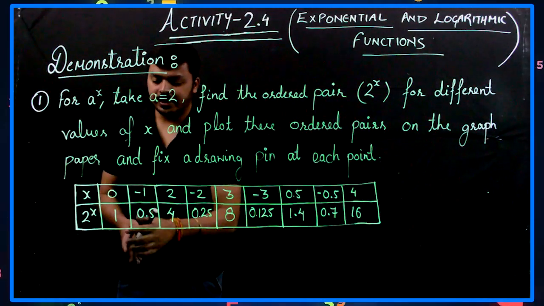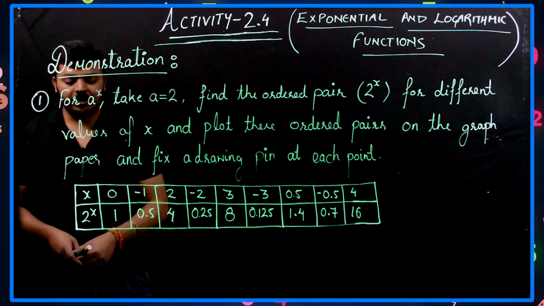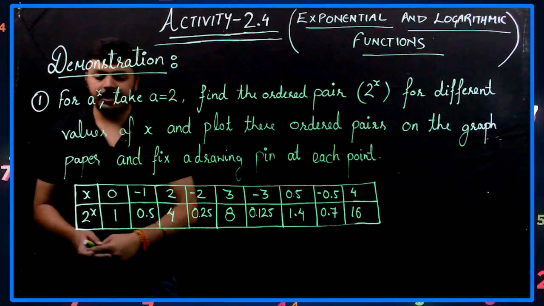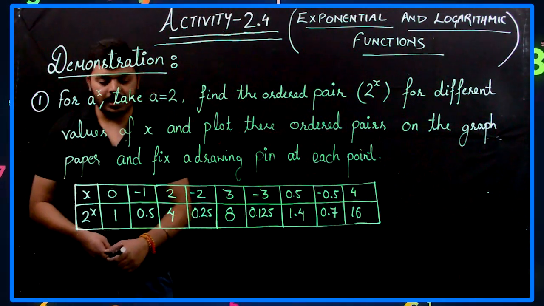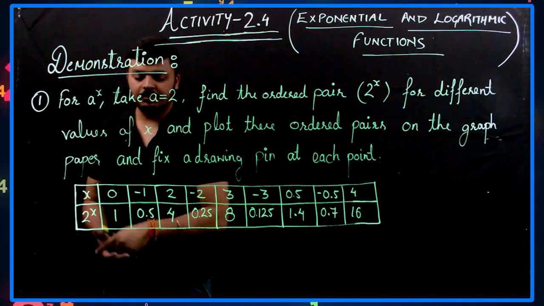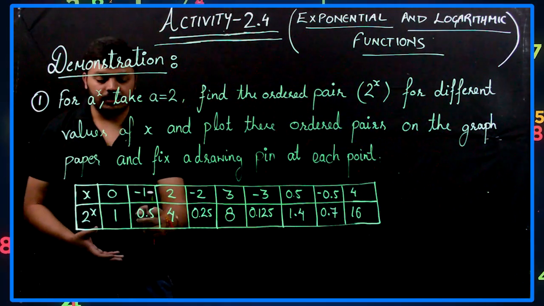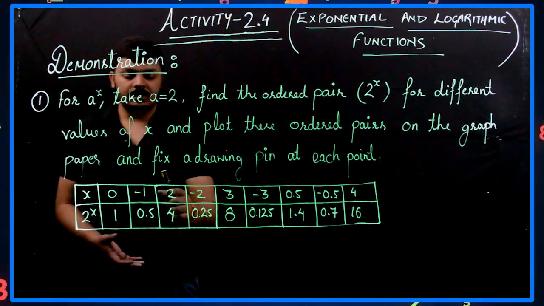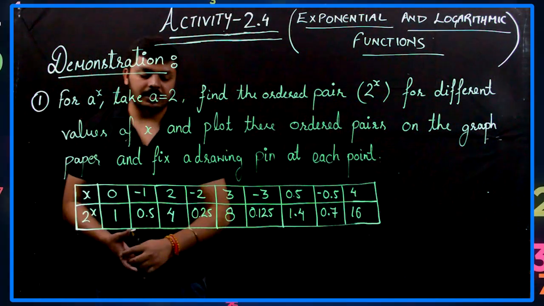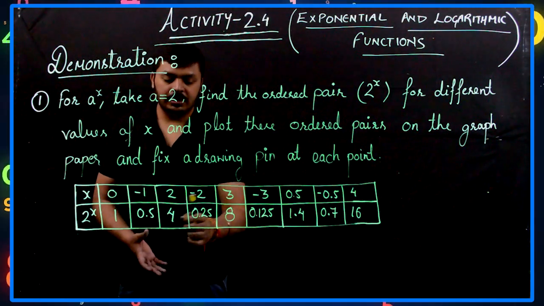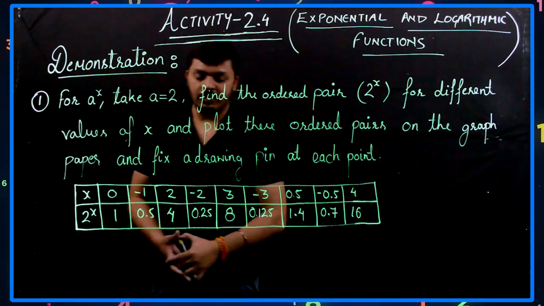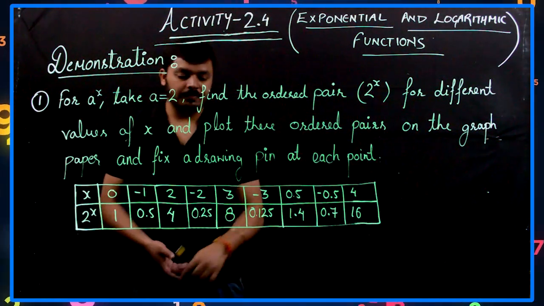So we have constructed here a table giving us the ordered pairs x and 2 to the power x. For different values of x, we have calculated the value of 2 to the power x. When x is 0, 2 to the power x is 1. When x is minus 1, it is 0.5. When x is 2, it becomes 4. When x is minus 2, it is 0.25. When x is 3, the value becomes 8.